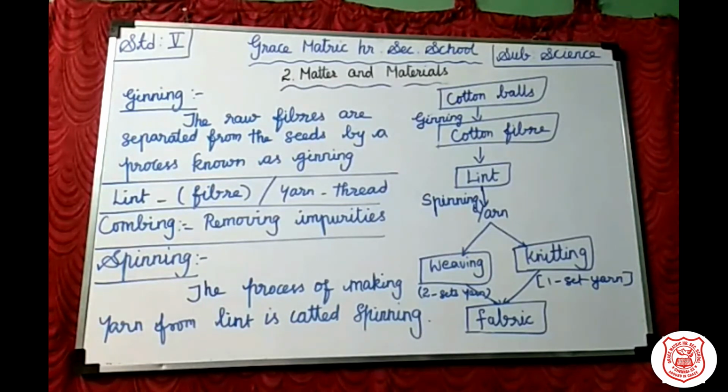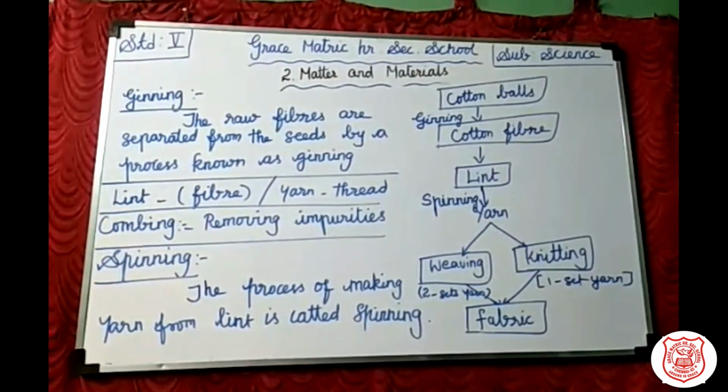Otherwise, we can say it is the process of removing the seeds present inside the cotton boll. Removing all the seeds from the cotton bolls is called ginning. Nowadays it is done using machines.